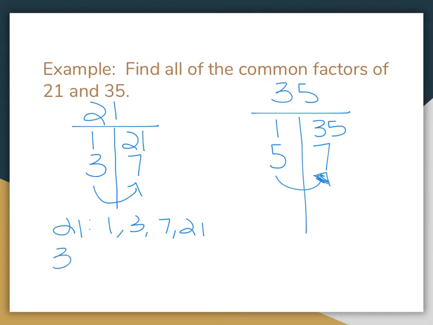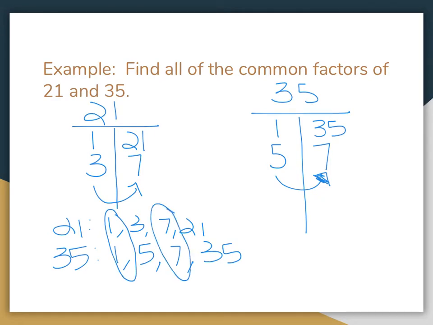Now I'll list them. The factors of 35 are 1, 5, 7, and 35. The factors that they have in common are 1 and 7. Those are the common factors of 21 and 35.